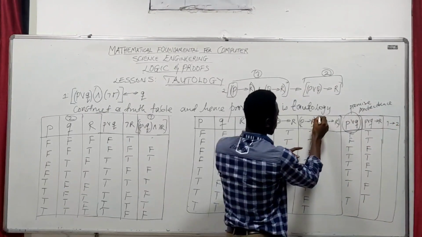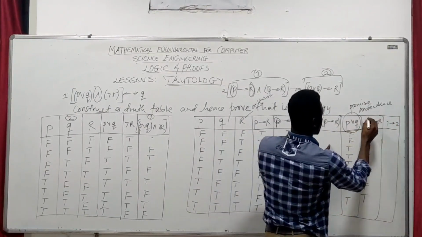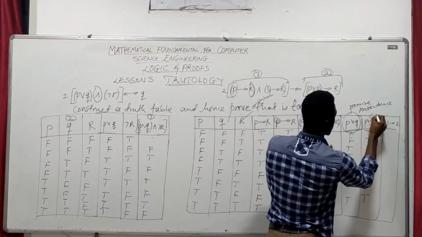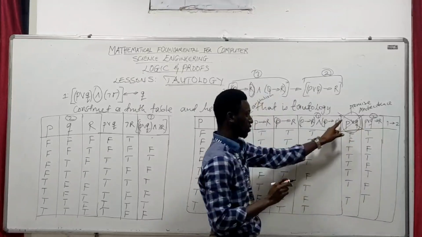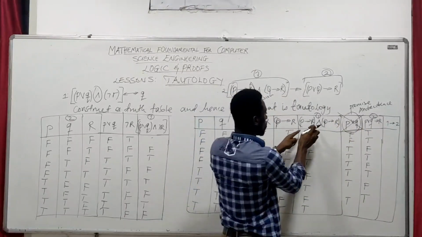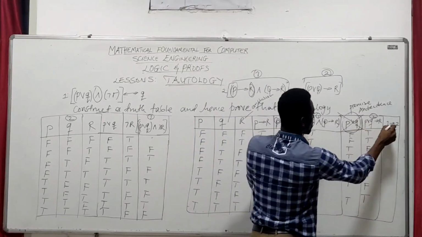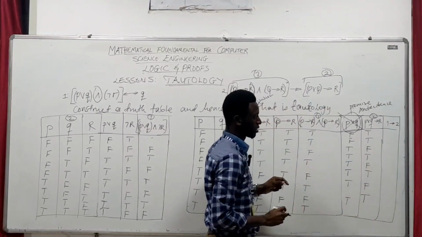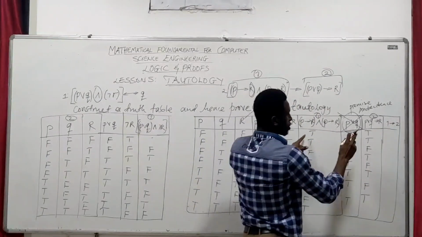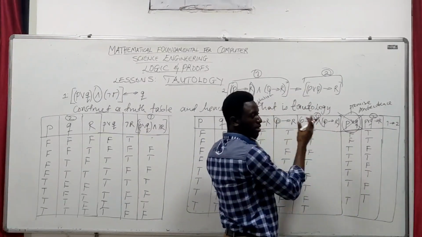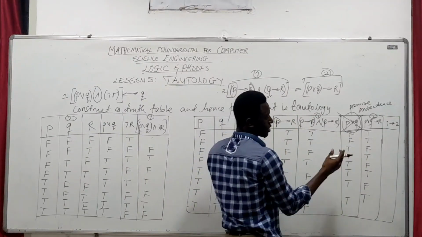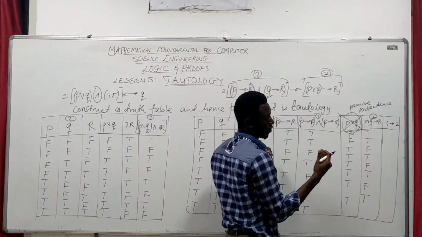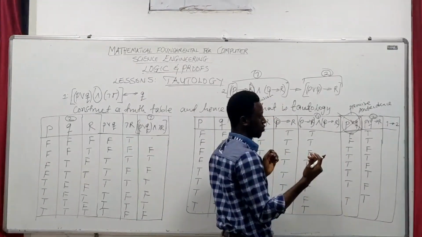This is 1 and this here is 2. Okay? We remove this one, we don't need it again. So let's compare this and this using conditional statements. For a conditional statement, if the premise or the antecedent is true and the consequence or the conclusion is false, then it's false. Otherwise, everything becomes true.